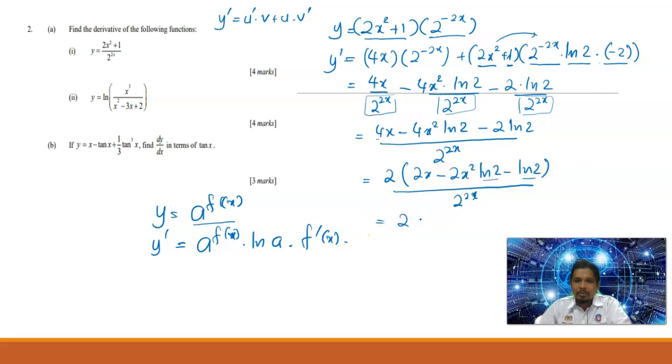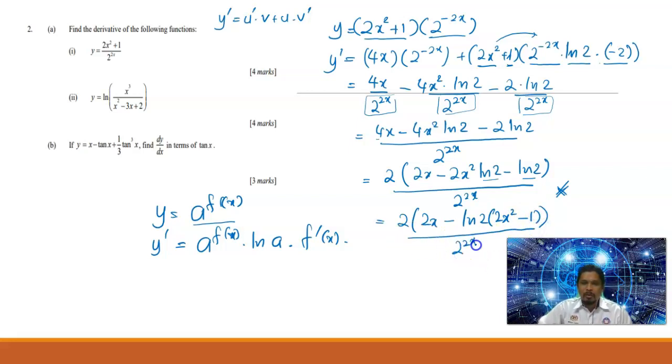So class, I think that for this time being, if you get this one, that is more than enough. According to this one here now, it is 2x minus natural log of 2 multiplied with 2x squared minus 1 and divided by 2 to the power of 2x. There you go.